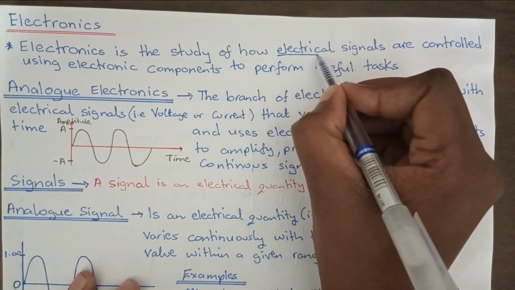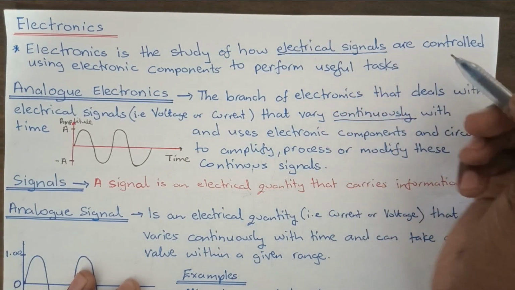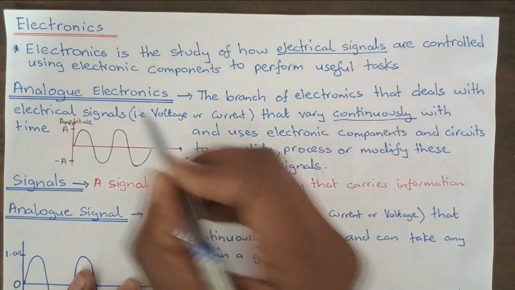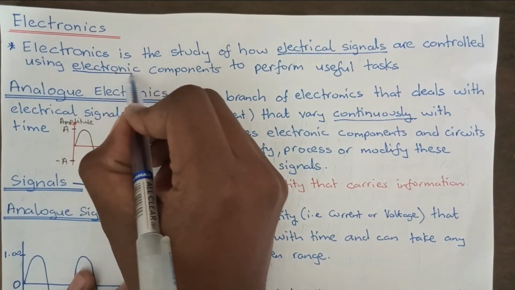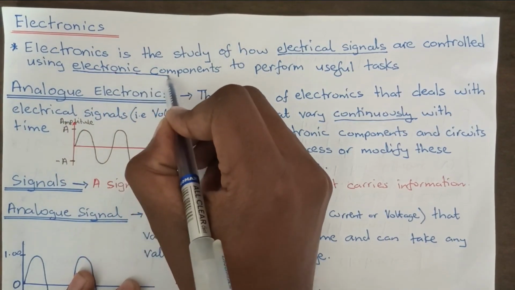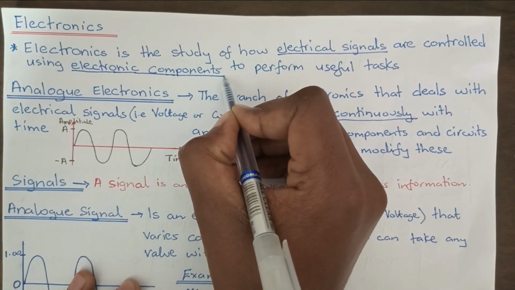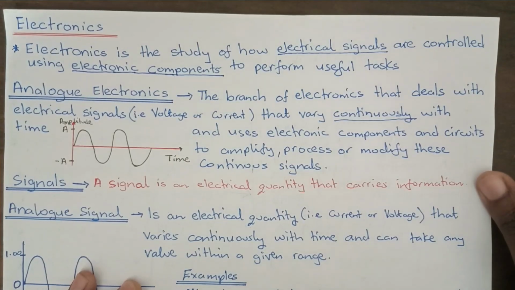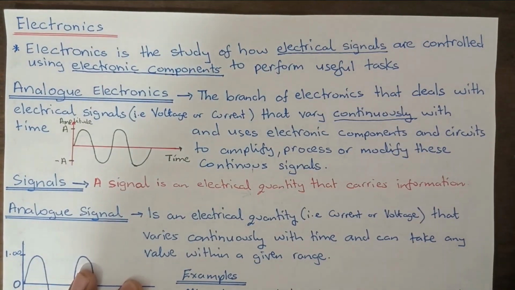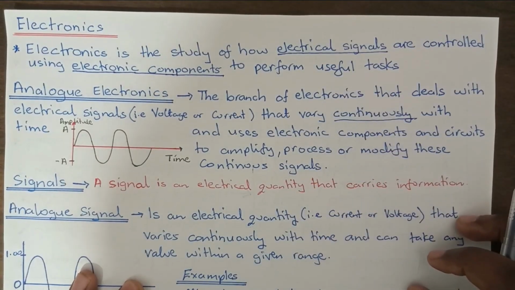Like current, like voltage, is controlled by using what? Electronic components. We have got various electronic components, which are what? Resistors, inductors, capacitors, amplifiers, etc., in which we use these electronic components to perform useful tasks. This is what we call electronics.